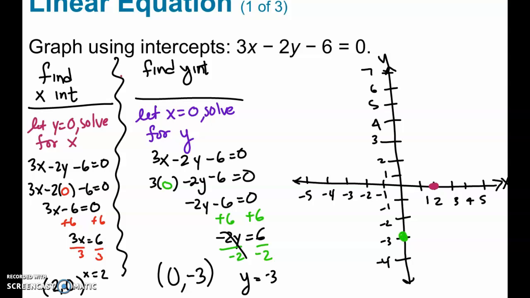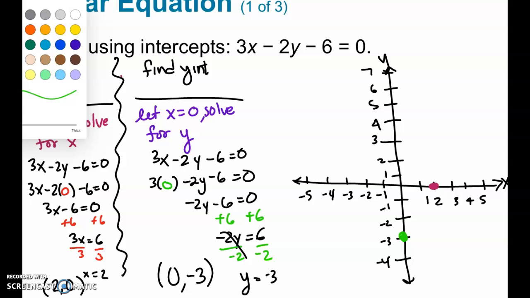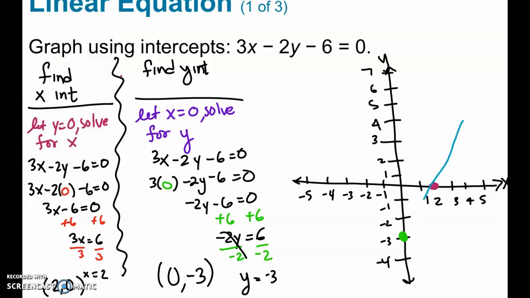So 0 on the x, negative 3 on the y. And then all I have to do to graph this line is to draw a line connecting the two dots with a straight edge. This is the equation that you see here graphed using the x and y intercept.